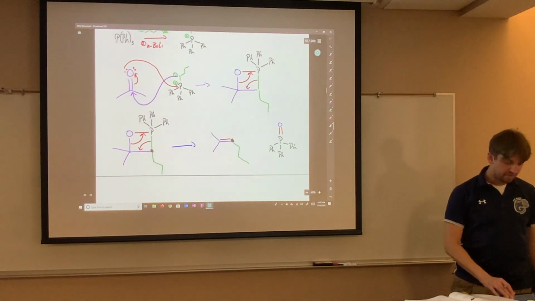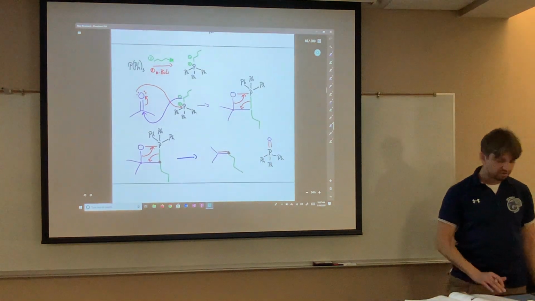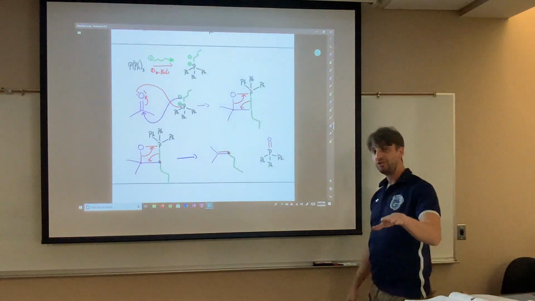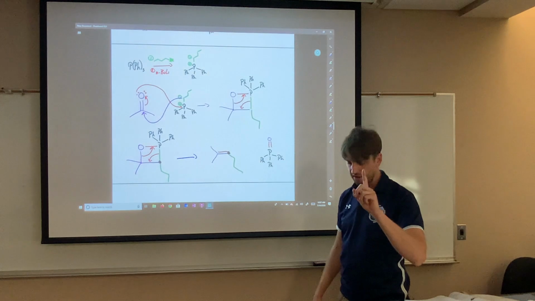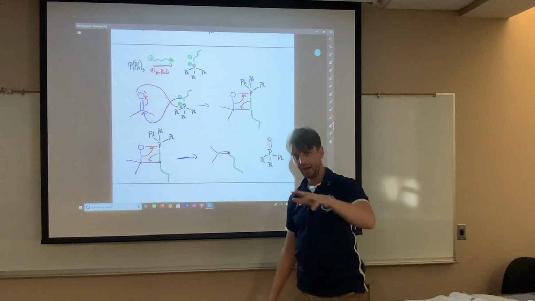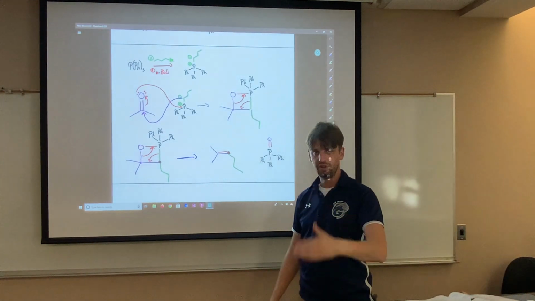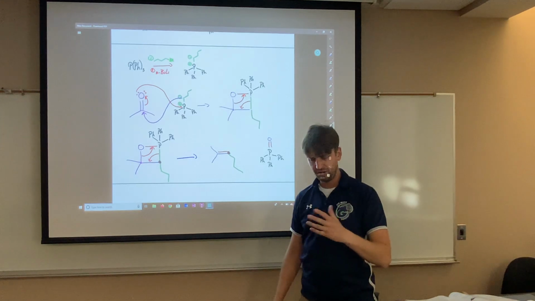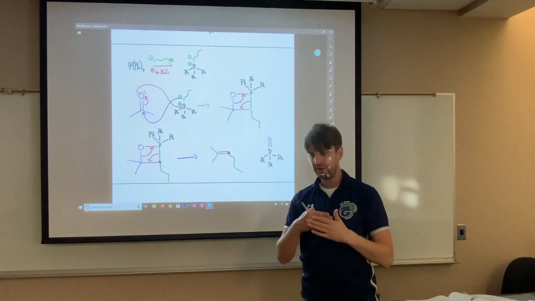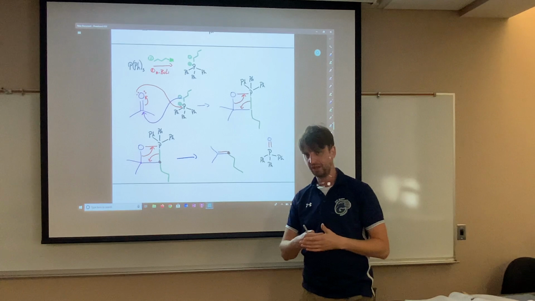So that is the mechanism for this reaction. So you guys learn the mechanism for this. I specifically show this one, even though it's very unique. I make a promise to my students that I won't make them memorize mechanisms that are really only applicable to one thing.